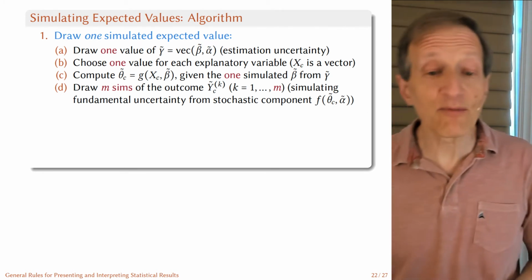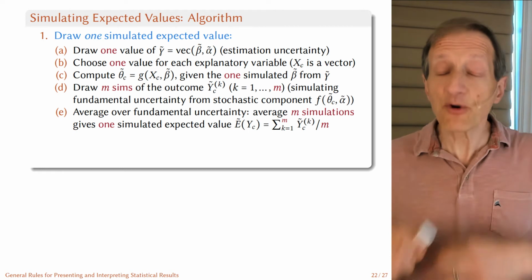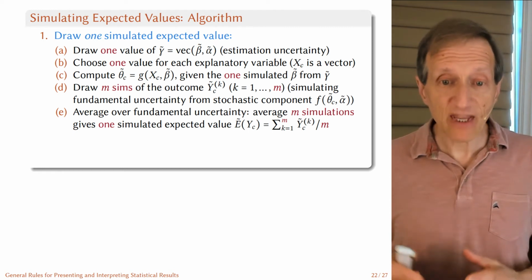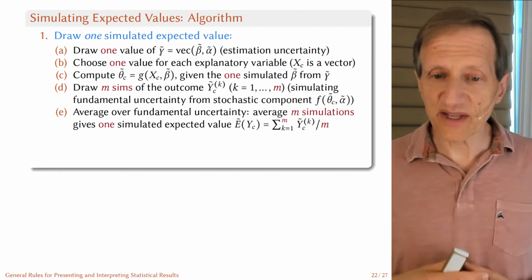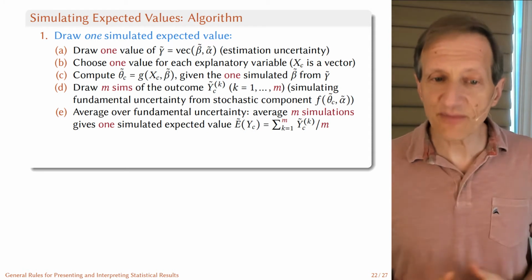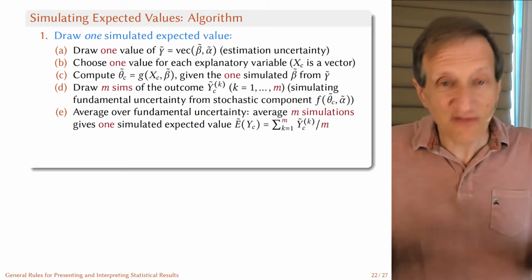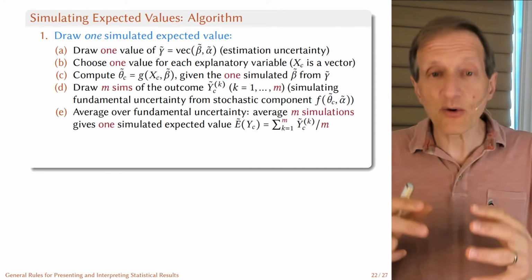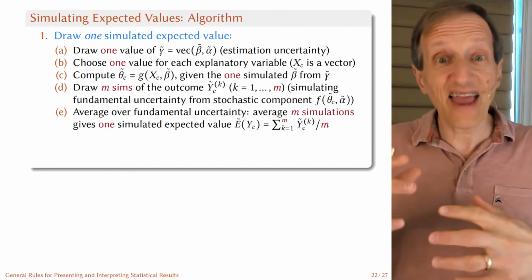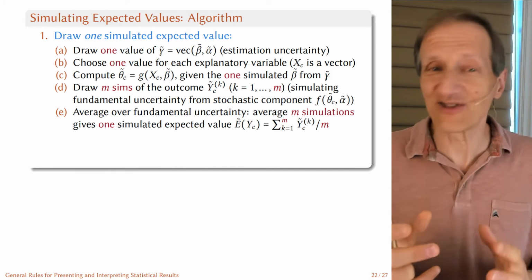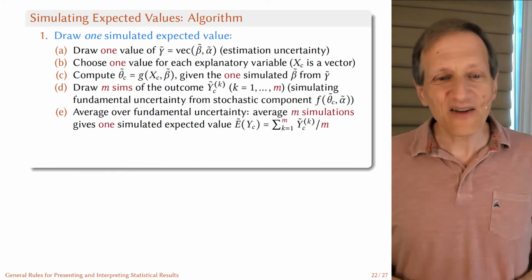So remember, we have m of these. Now we're going to average over those m. We average over the fundamental uncertainty, average over the m simulations, which gives us one simulated expected value. Remember, the expected value is just an average, so the idea that we're going to get the average by taking the average makes a lot of sense. Okay.